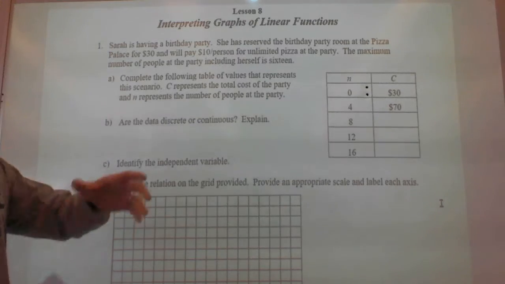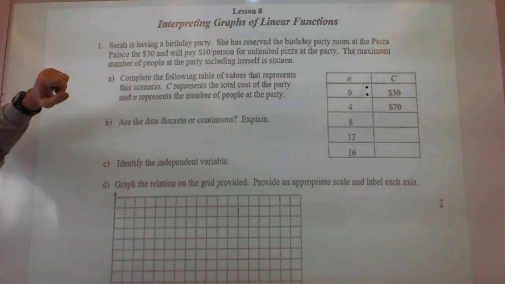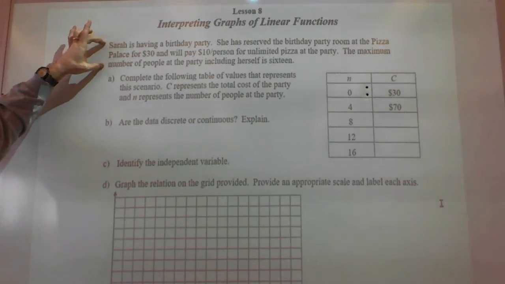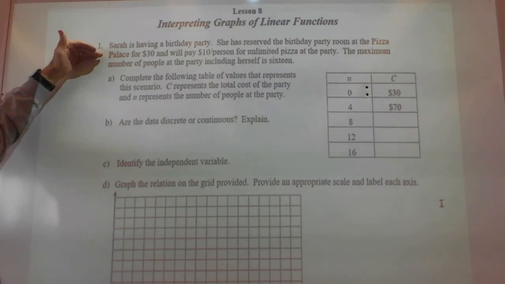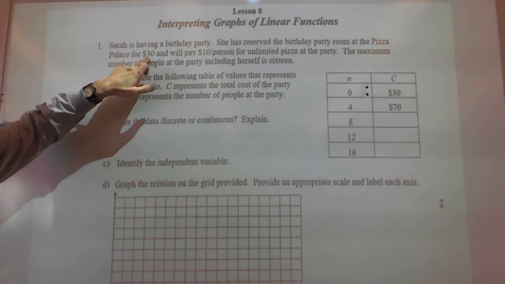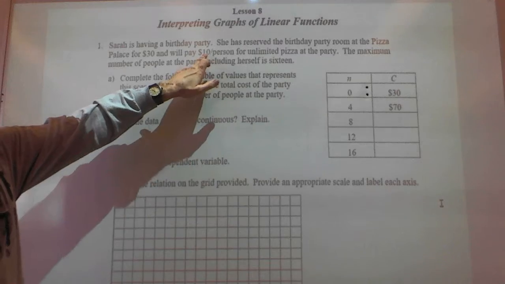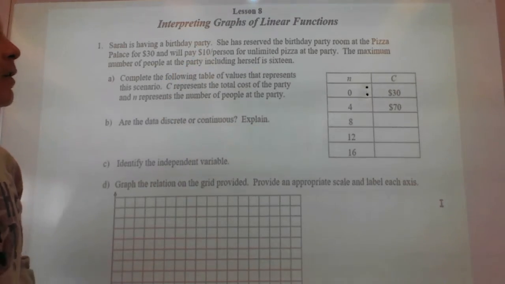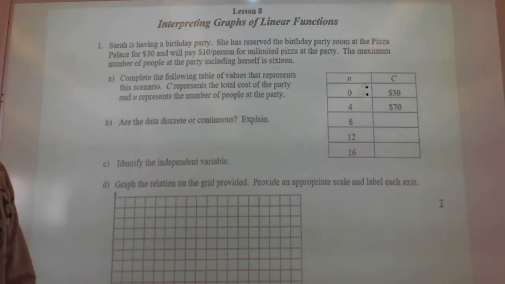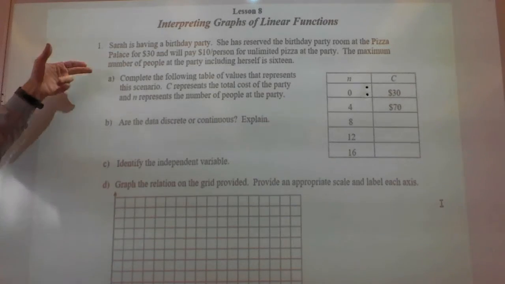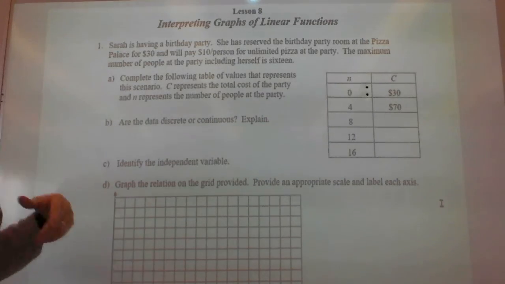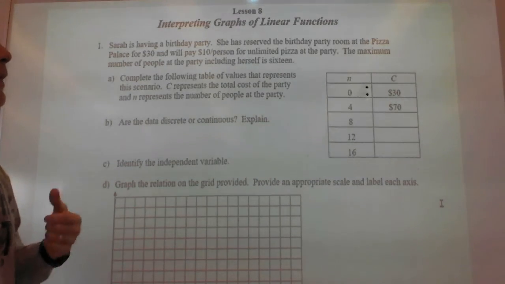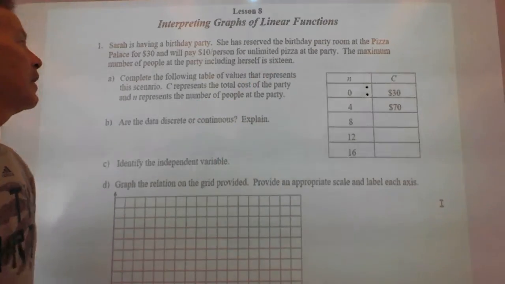So in the first case, it says Sarah's having a birthday party. She's reserved a party room for $30 and she has to pay in addition $10 per person for food. And it says the maximum number of people that she can have, including herself, is 16.